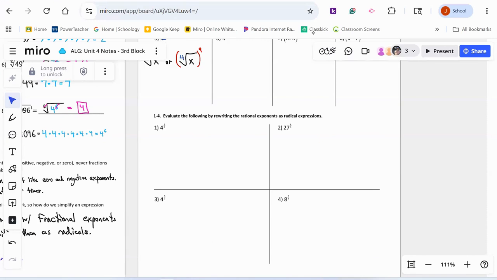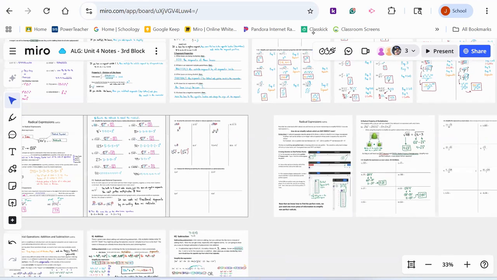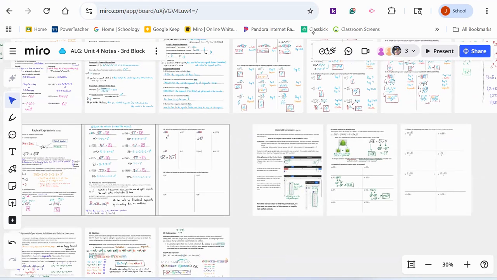If you try to treat them as fractional exponents, there's zero chance. Maybe there are some super smart people out there, but I certainly am not smart enough to do fractional exponents in my head. But if I rewrite them in the correct way, I certainly can do them in my head as radicals. All right. And again, I will fill in everything in the notes that we didn't get to here.